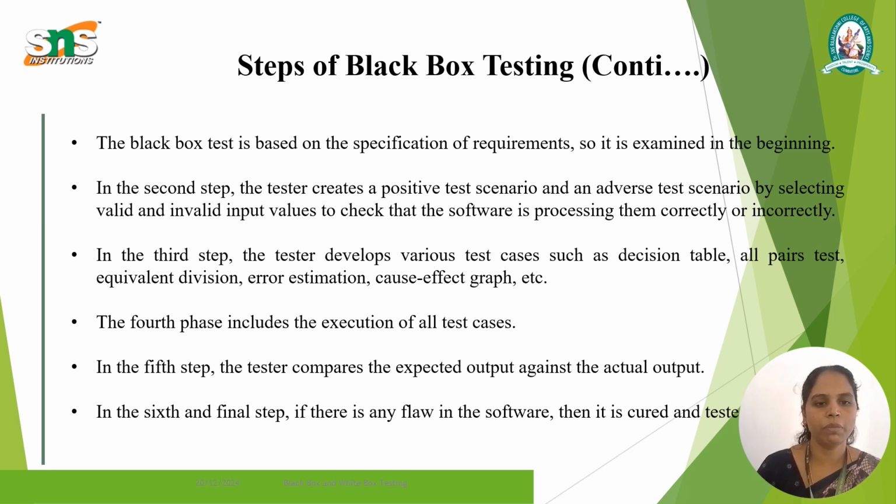In the third step, the tester develops various test cases such as decision table, all pair test, equivalent divisions, error estimation, cause effect graph, etc. The fourth phase includes the execution of all test cases. In the fifth step, the tester compares the expected output against the actual output. In the sixth and final step, if there is any flaw in the software, then it is cured and tested.